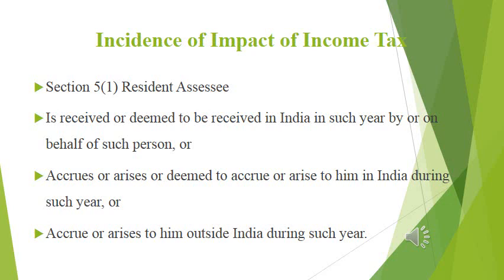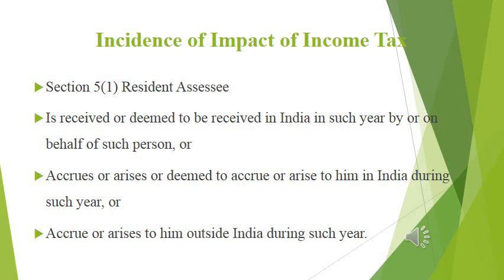See the point, it's very clear. First one is received or deemed to be received. Here there is no need of receiving in India, only need to accrue or arise or be deemed to accrue or arise to him in India during such year, which is also taxable when the residential status is resident.